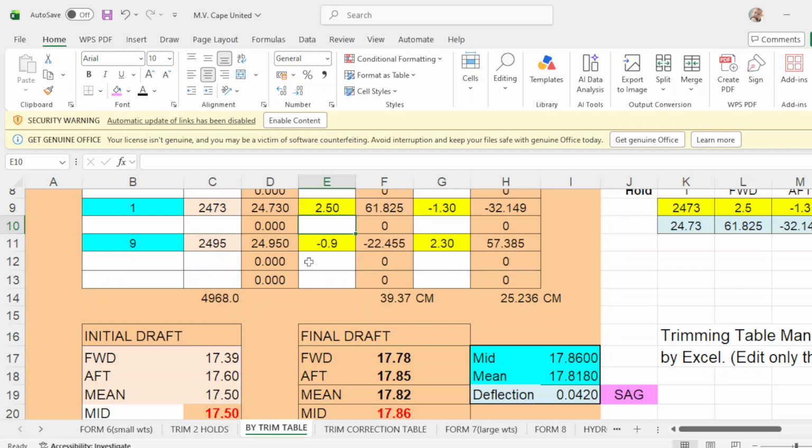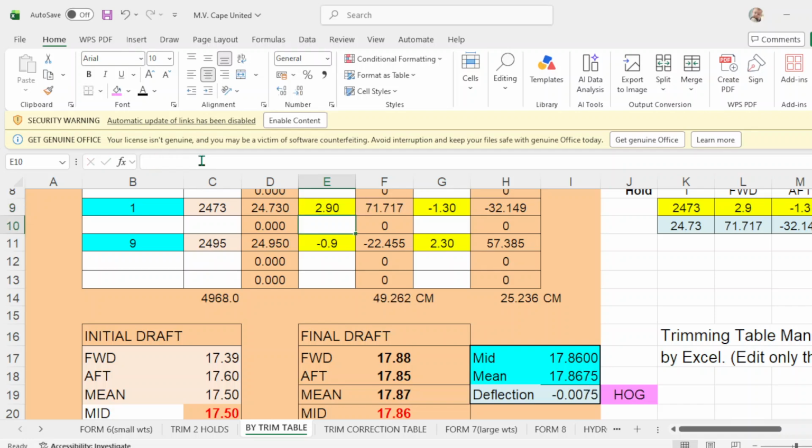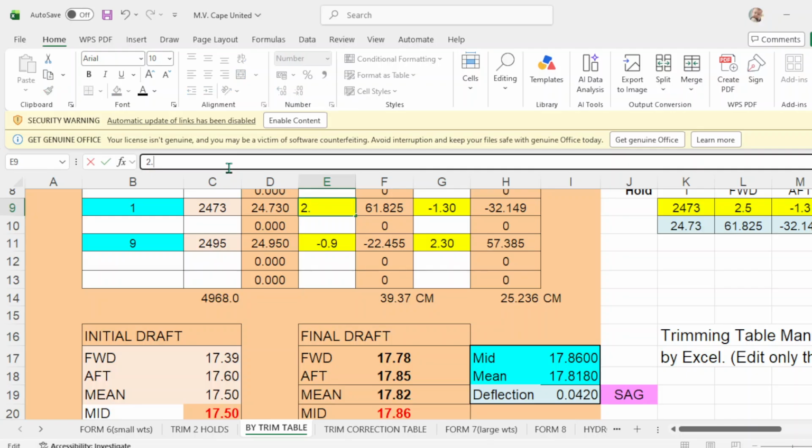Reduce. So make this 7, make it 9. The other way around. Oh, sorry. So make this 9. Okay.